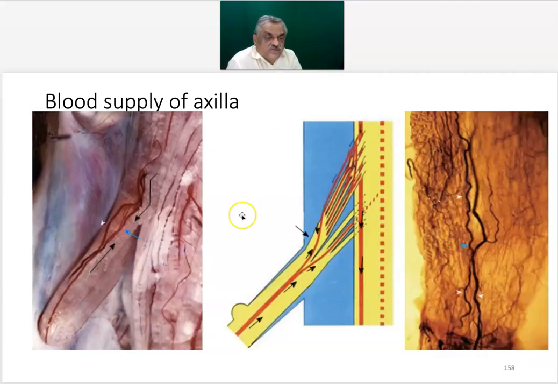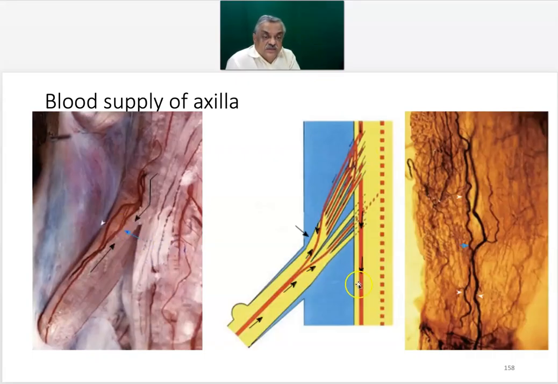Now we have understood from the literature and the animal studies that this axillary area is very important for causation of neurogenic claudication. What happens is there is an ascending radicular artery and a descending radicular artery, and there is a junctional zone or transition zone, somewhere here.